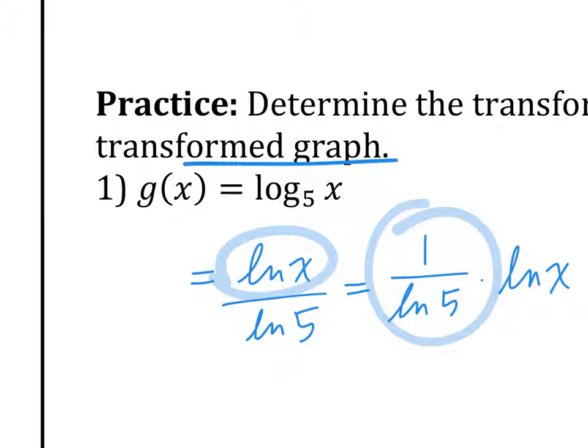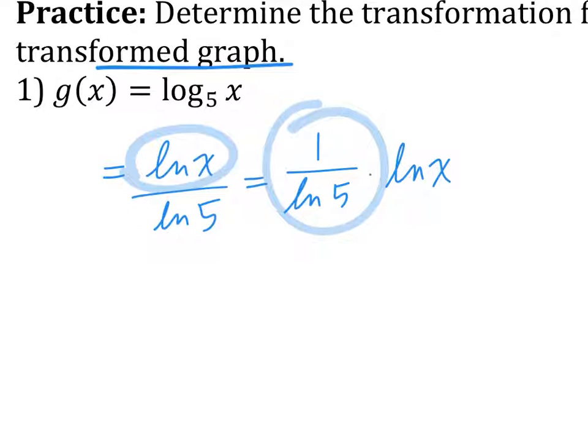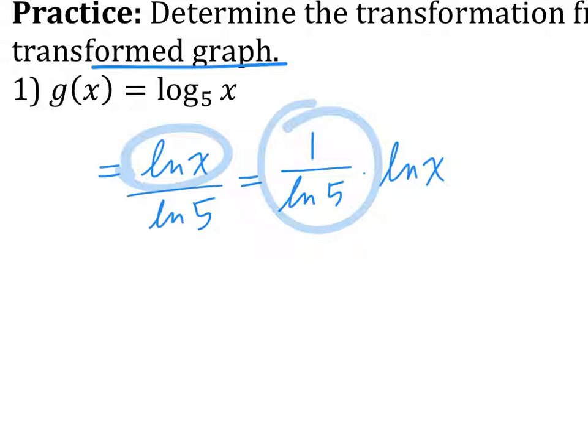If it's inside the function, that would be something like this. That would be horizontal. Since it's vertical, the question is whether it is a compress or a stretch. That has to do with the number. So you do need to type it into your calculator to figure out what 1 over natural log 5 is.